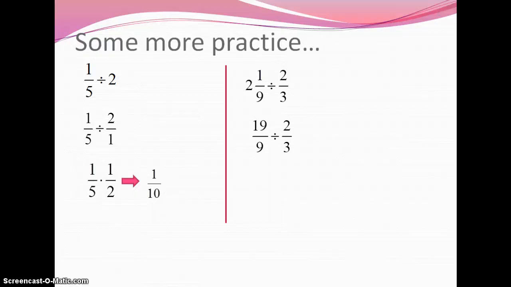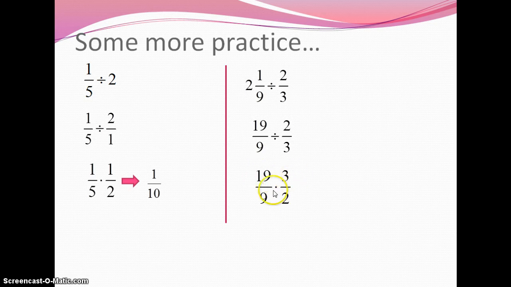So we have 19 over 9 divided by 2/3. We're dividing, so we need to stay, change, flip, or in other words, multiply by the reciprocal. So I'm going to keep my 19 over 9 the same. My division becomes multiplication, and I flip the second fraction. Okay?